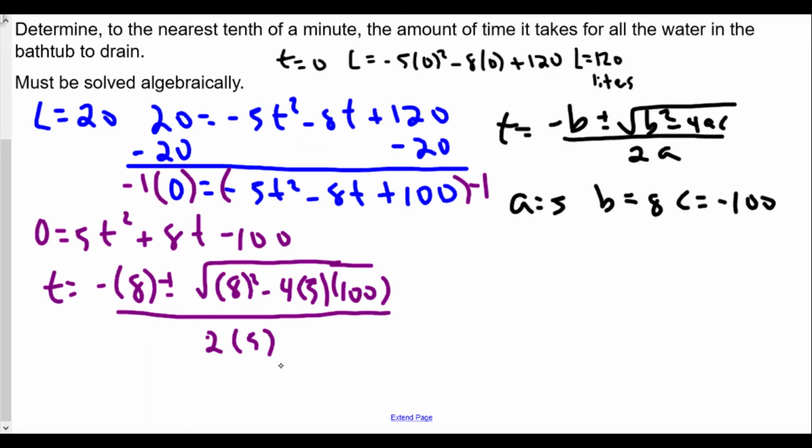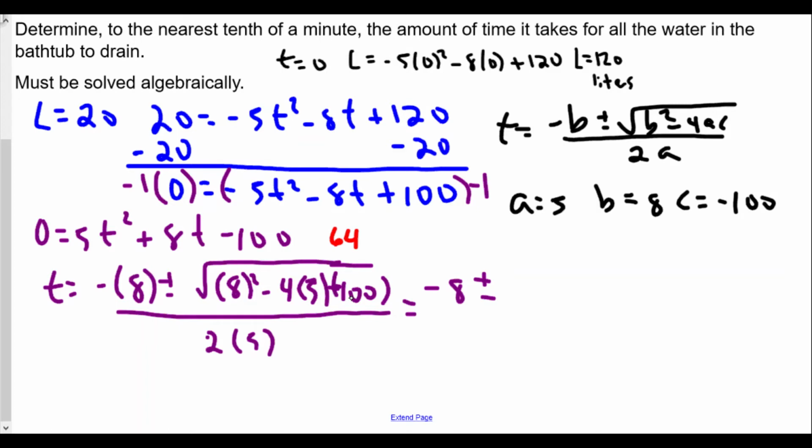Well, in this situation here, we get t equals negative 8 plus or minus. Now, 8 squared is 64. And then, ooh, this should be negative 100. Sorry about that. It should be negative 100 here. So 4 times 5 is 20, times negative 100 is negative 2000.